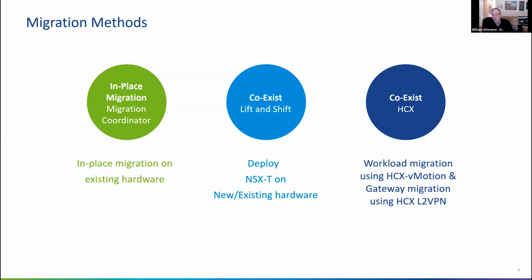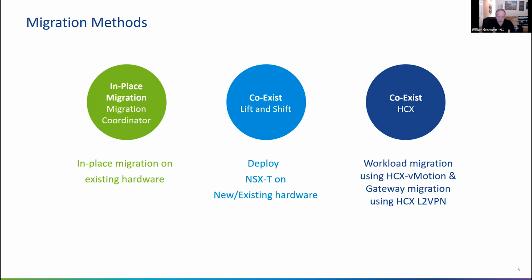The coexist is more like we have stood up a brand new software-defined data center on-prem, or maybe even in the cloud, like VMC on AWS, or maybe I just have a brand new VCF stack or hyper-converged infrastructure I want to move to, or a 3-tier architecture I built from scratch, and we're going to use HCX to migrate to it. The main thing on the last one is we're talking about having two separate vCenters.